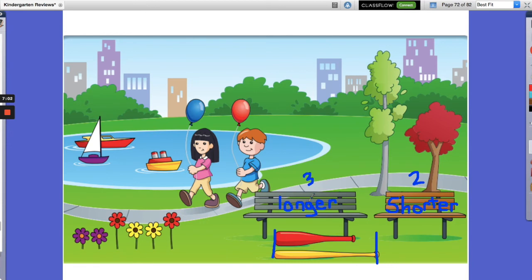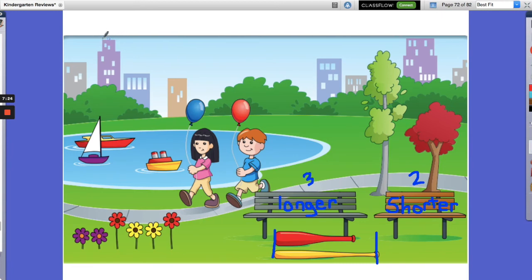All right, so there's all kinds of things here in this picture we can compare the sizes of. There's some different boats. We can see that some of them are taller, some of them are shorter, some of them are longer, and some of them are shorter. We can also look at the buildings in the background and see that this building right here is tall.